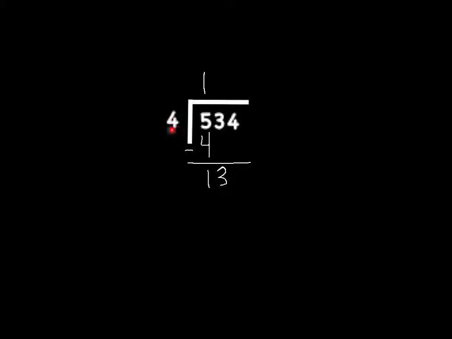By what can we multiply 4 and get as close to 13 without going over? As we've mastered our math fluency and all of our basic facts, we know that 4 times 3 is 12.